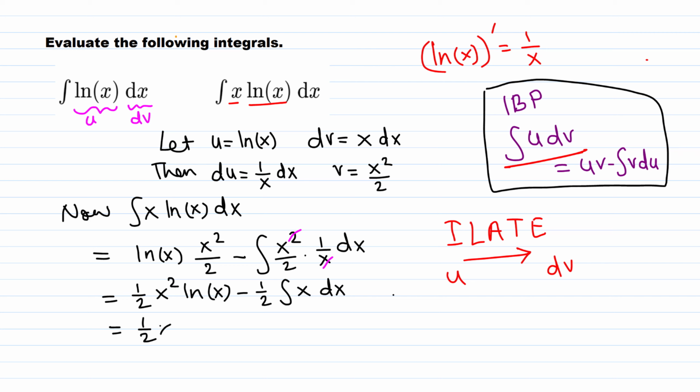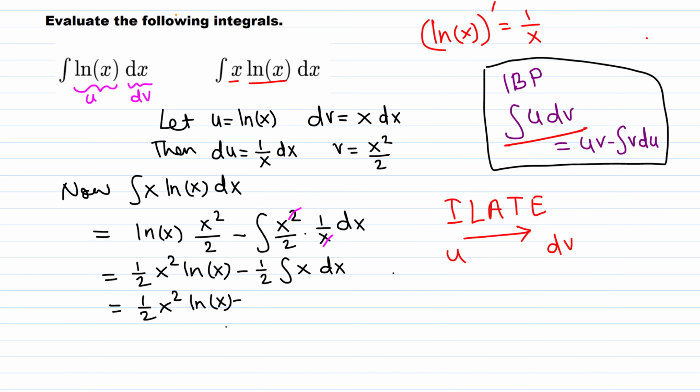So 1/2 x squared natural log of x minus 1/2 times the integral of x, which is 1/2 x squared, plus c. So 1/2 times 1/2 is 1/4, and that would be the final answer.